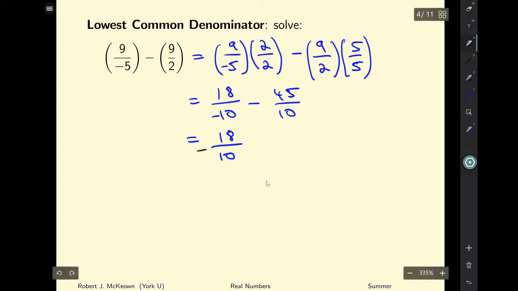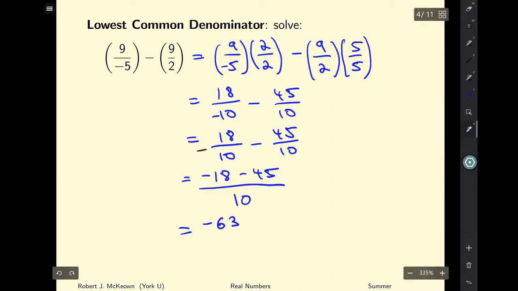I could rewrite this as negative 18 over 10, and I'm going to subtract 45 over 10. Another way to write this is negative 18 minus 45, and since the denominator is the same for both fractions, I can just write them together like that. And I have negative 63 over 10.